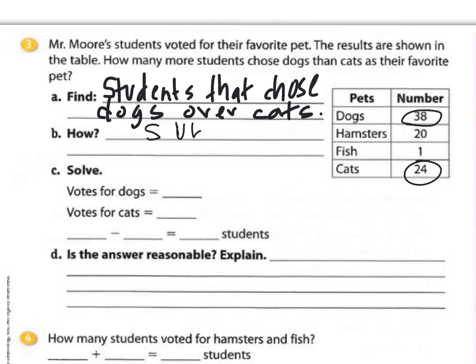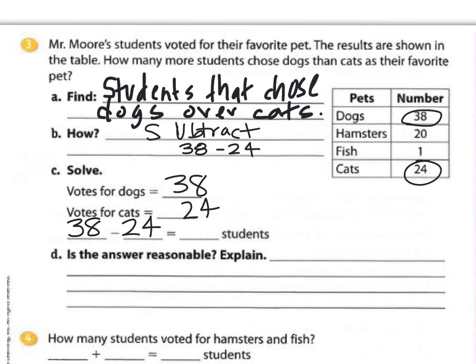Okay, we're going to subtract. We're going to do 38 minus 24. So the votes for dogs is 38. The votes for cats, 24. So we would do 38 minus 24 equals how many students?